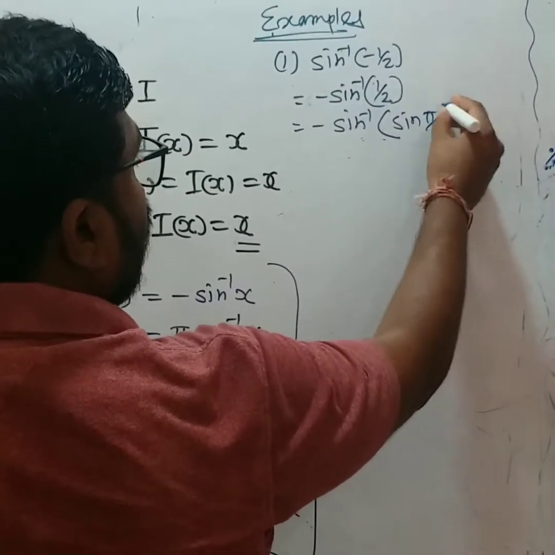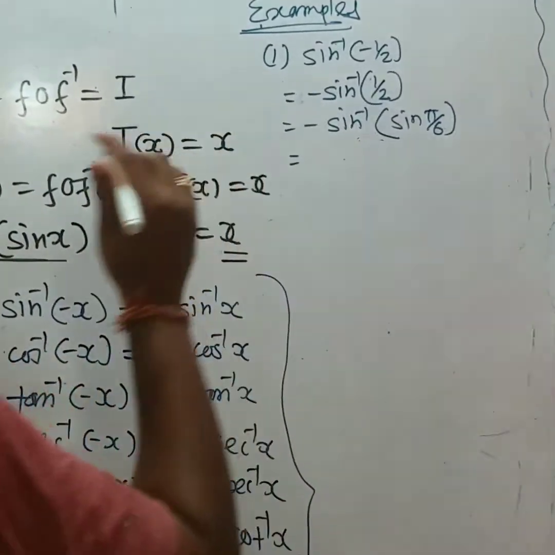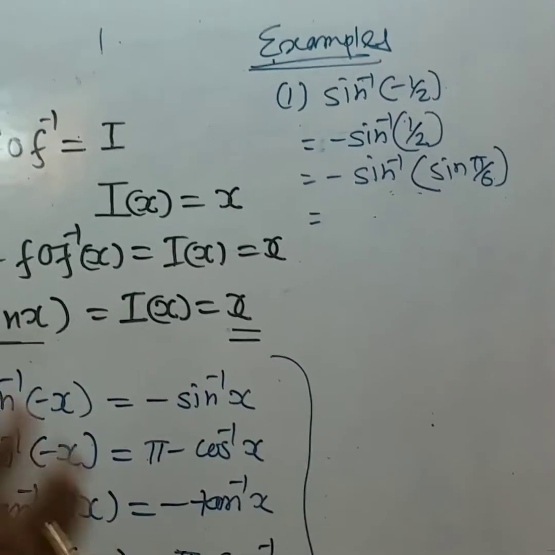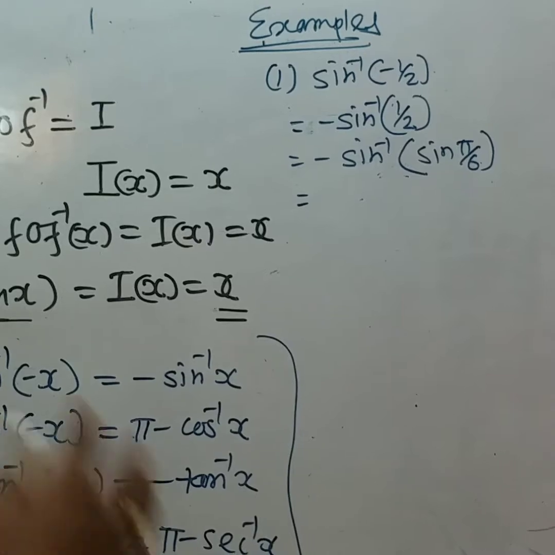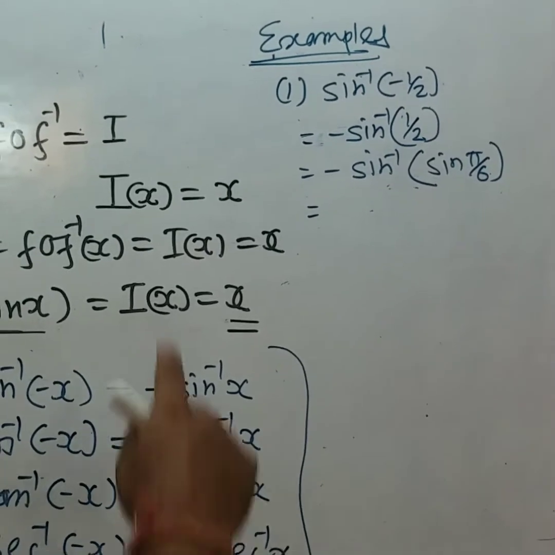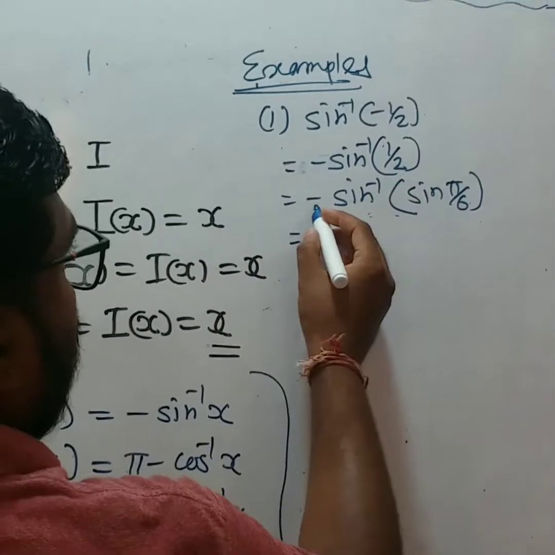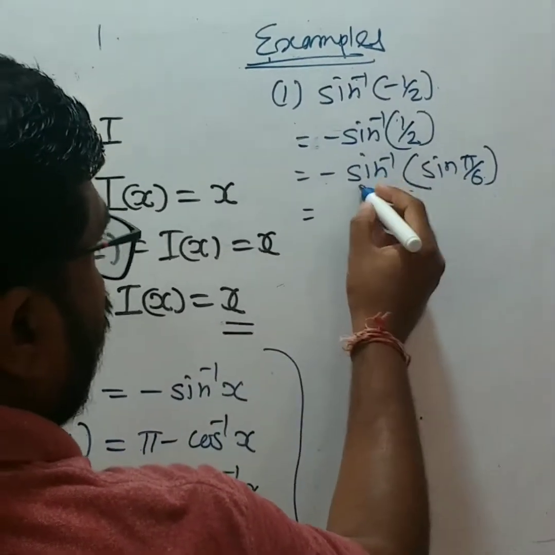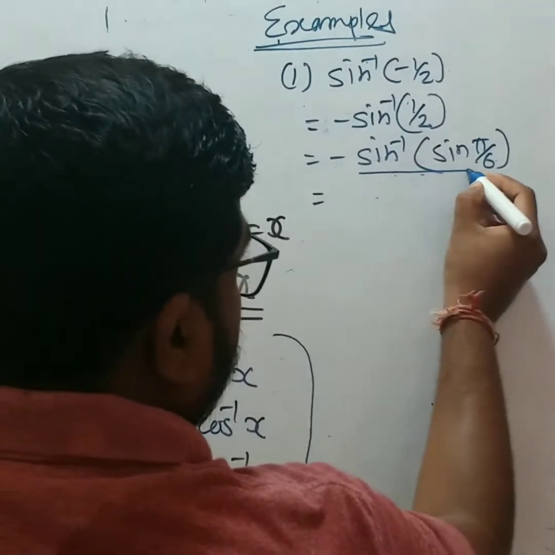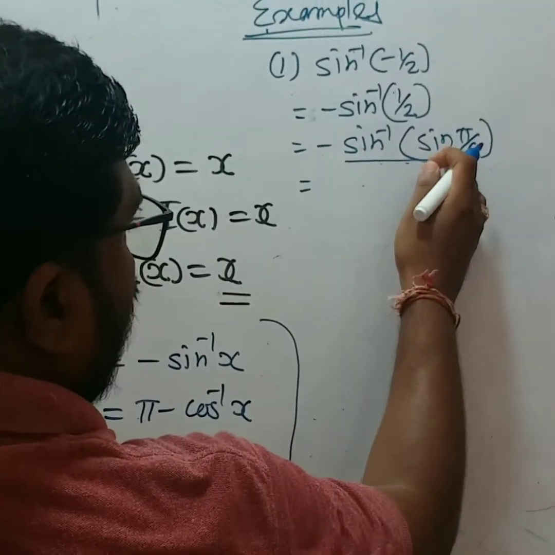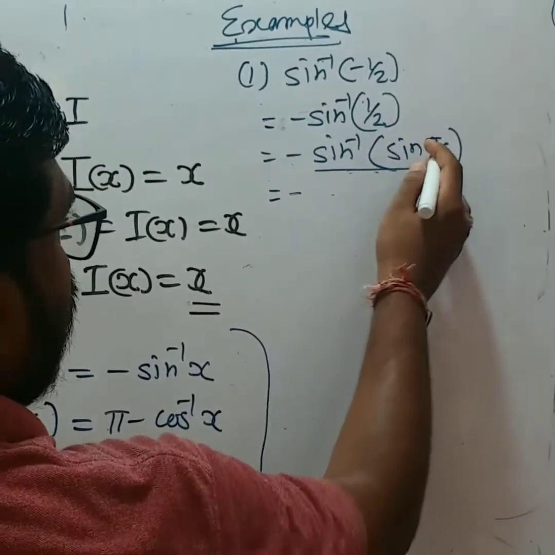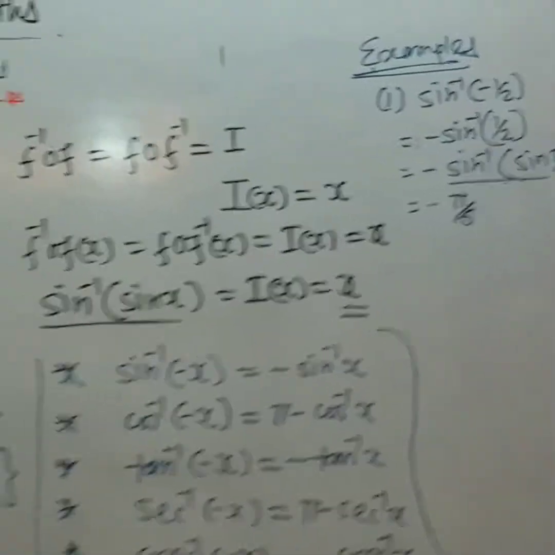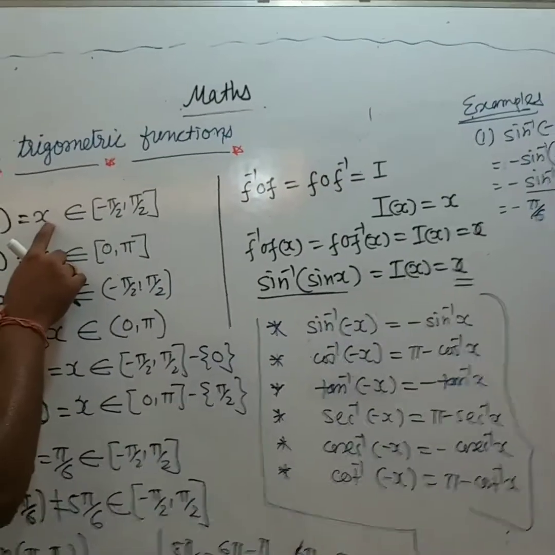So we have to remember the values of all functions, such as sine pi by 6 and sine pi by 3. So minus sine inverse of sine pi by 6. Sine inverse of sine is once again pi by 6 according to this, which gives us x.